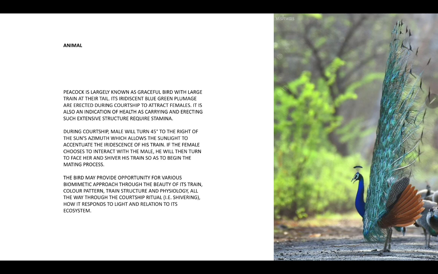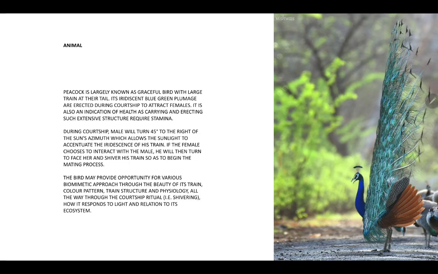This is a peacock. I'm sure everyone has seen this animal. It's a very graceful bird, very beautiful. There are three types of peacocks. One is the Indian peacock, the second is the Japanese peacock, and there's an African peacock.